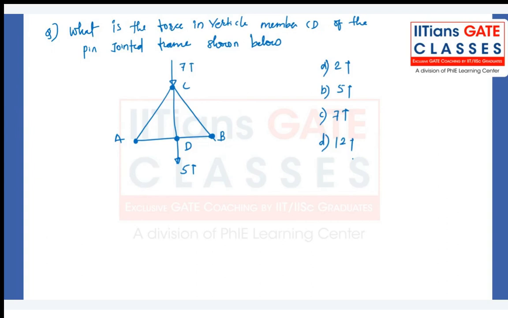Yes, 5 ton is the correct answer in this case. Draw the free-body diagram of joint D. F, D, E, F, D, A, F, C, D, or let's say F, D, C, and this is 5 ton.